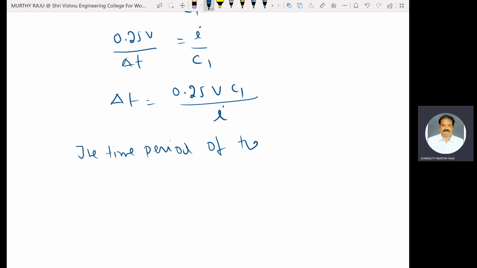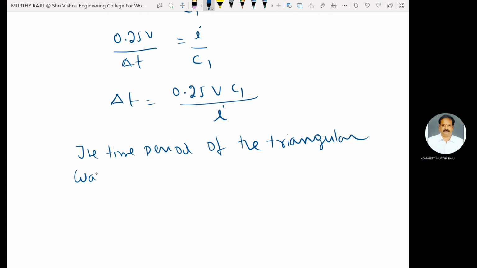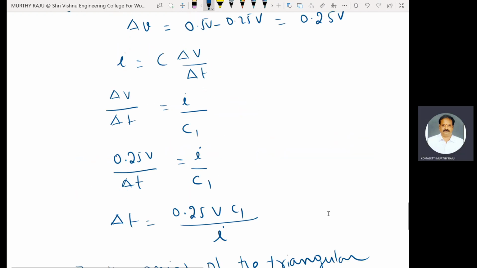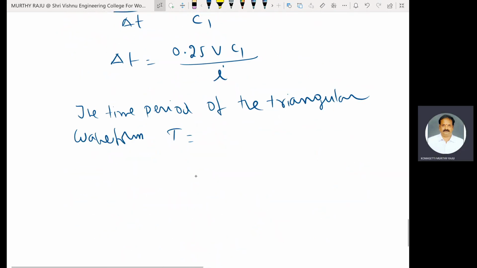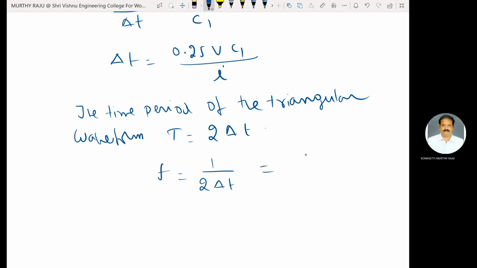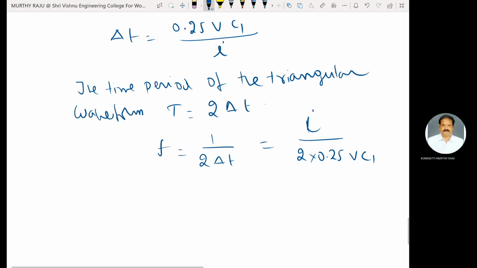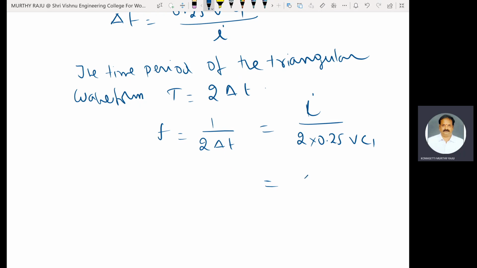The time period of the triangular waveform T is equal to delta T plus delta T, that is 2 delta T. Therefore, F is equal to 1 by 2 delta T, which is 1 by 2 into 0.25 V C1 by I, that is I by 0.5 V C1.